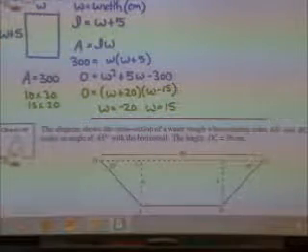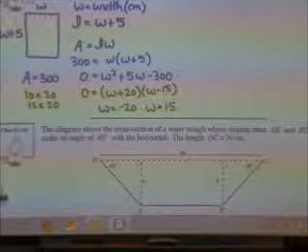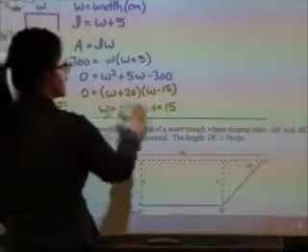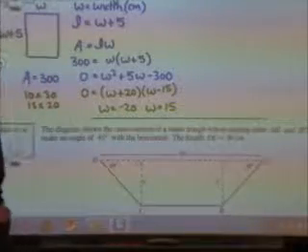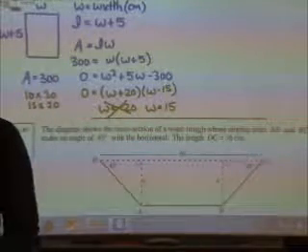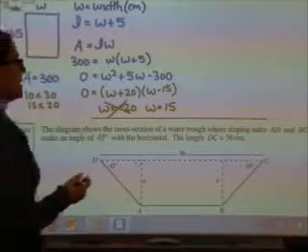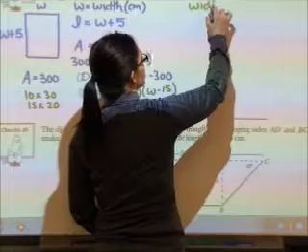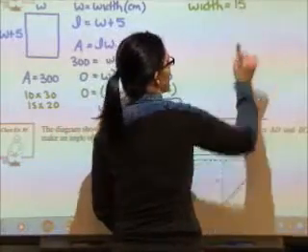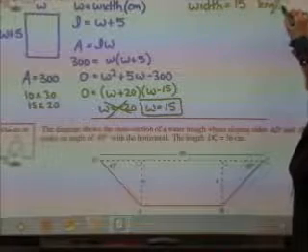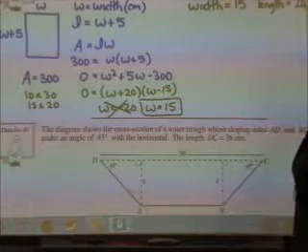If we go back to the original question, W represents the width of the rectangle. Which of these numbers does not make sense? I cannot have a negative length. So the width is equal to 15, which means that the length is 5 centimeters more, so it is equal to 20.